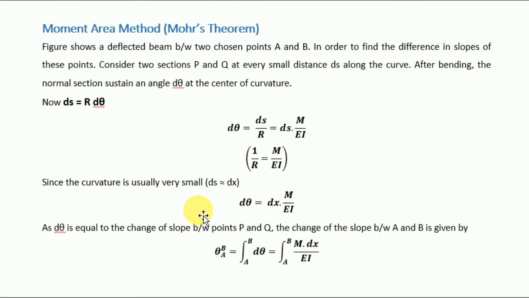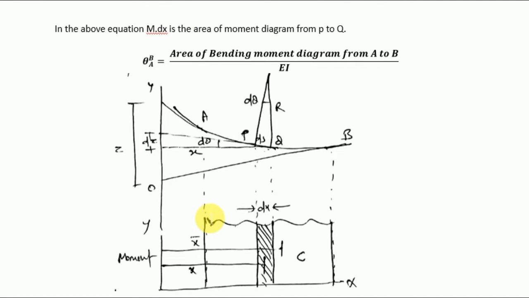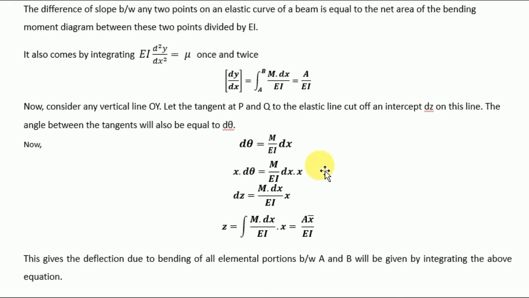Then we introduced the moment area method. This is a different approach to find the slope and deflection. We also call it Mohr's theorem, in which we deduce the equation by solving this methodology. The formulas are shown here.